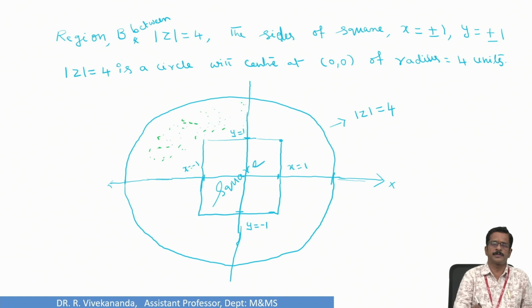You have to sketch the region, that is meant for 2 marks in the part of the solution. If you sketch the region very carefully and neatly, you will get 2 marks for that.